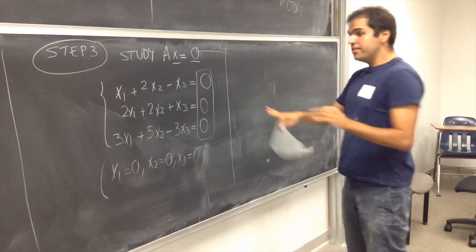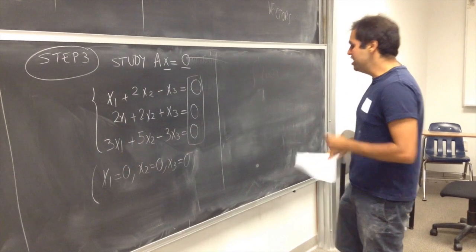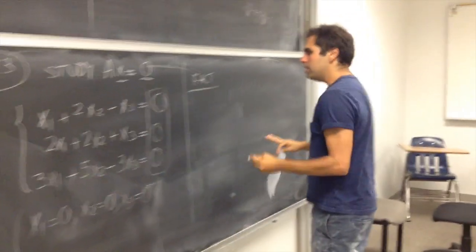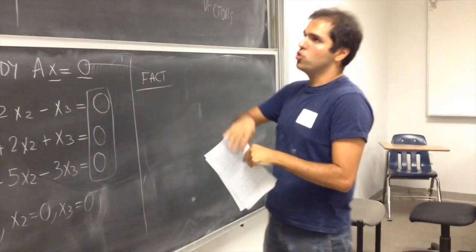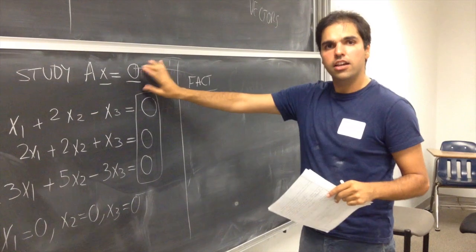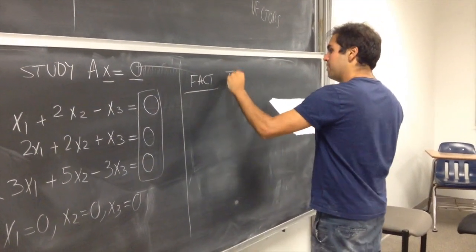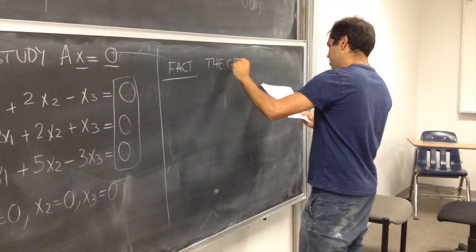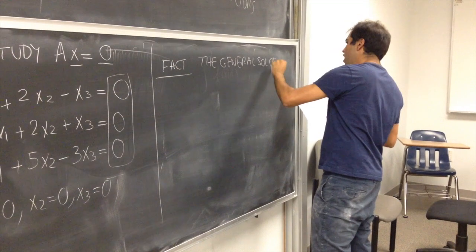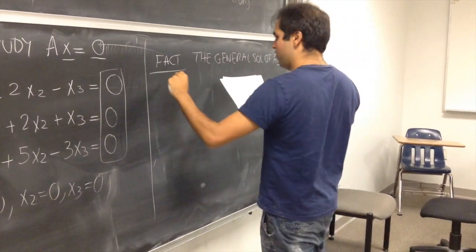And the reason this is so important is because there is the following theorem, the following fact, that says, in fact, solutions of AX equals B are not very different from the solutions of AX equals 0. Namely, the general solution of AX equals B is always of the following form.